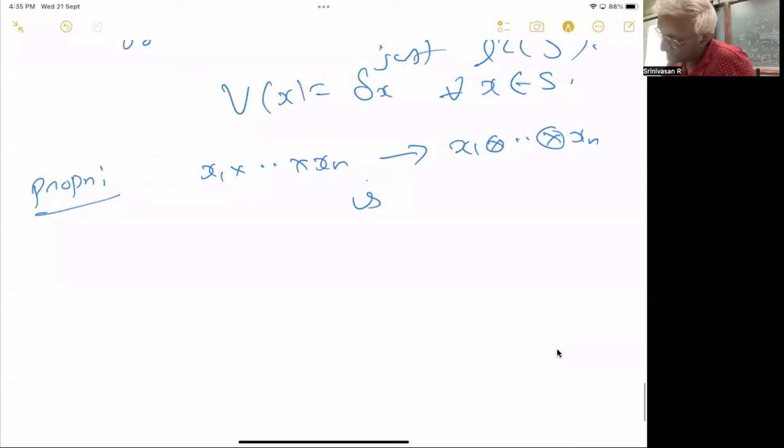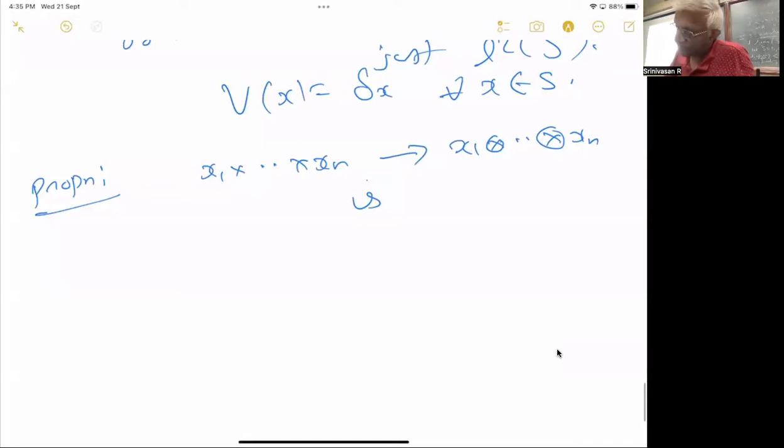Let H be any Hilbert space. Now define K of X, Y equal to the inner product of X and Y, squared. This complex number, just square it.